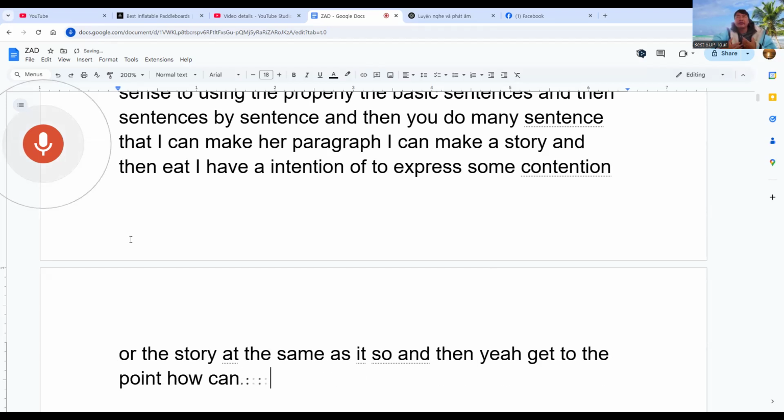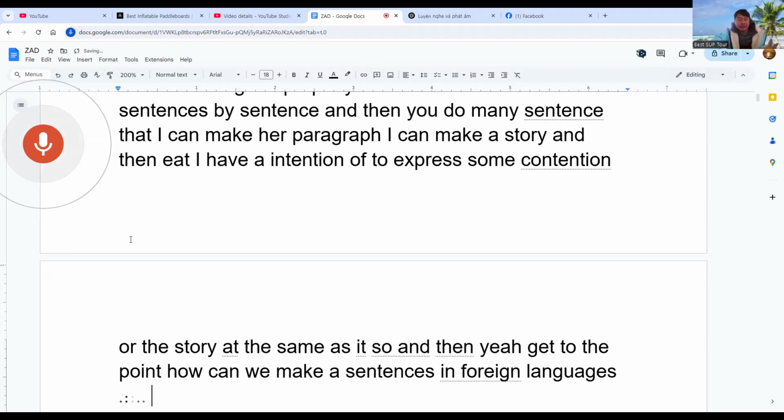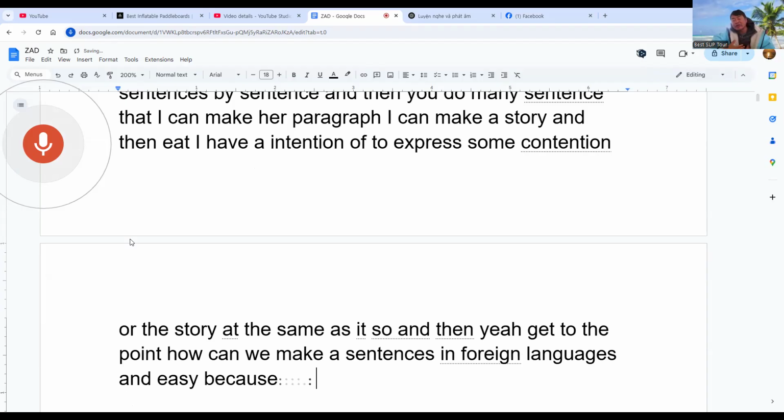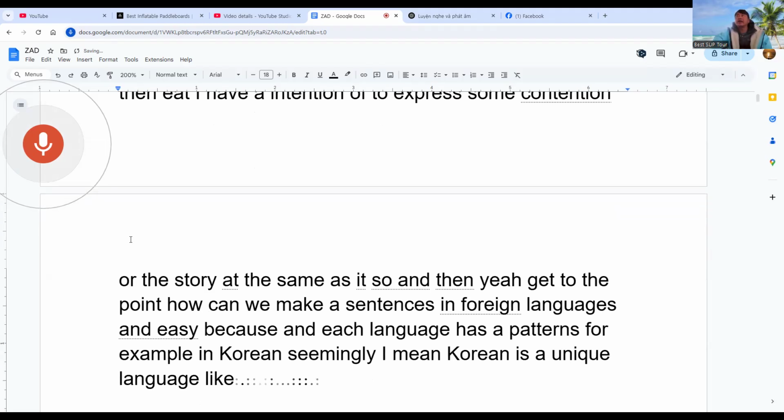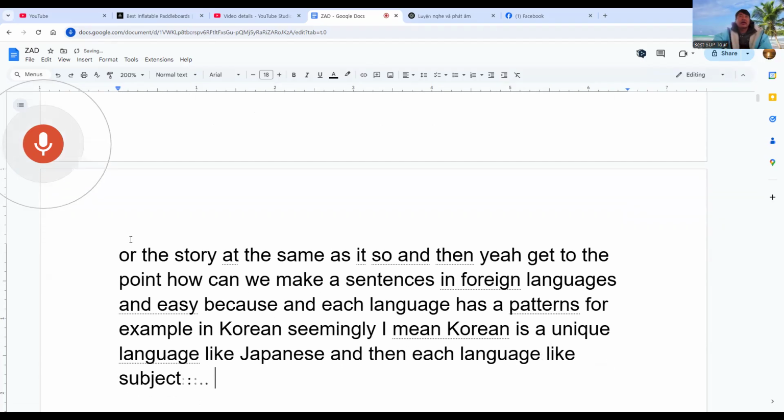How can we make sentences in foreign languages? It's easy because each language has patterns. For example, Korean is a unique language like Japanese, and each sentence has particles like subject and object, and even the verb or some pattern.